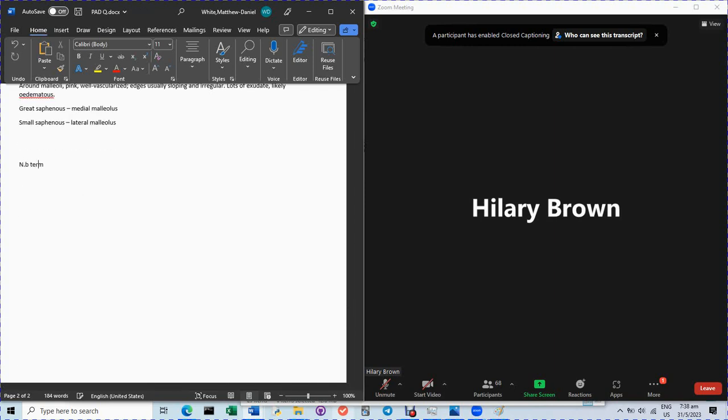So don't get confused. I'm surprised they still print books with the name long saphenous. Maybe it's an old edition, because it hasn't been called that for probably 20 years, since you guys were born.